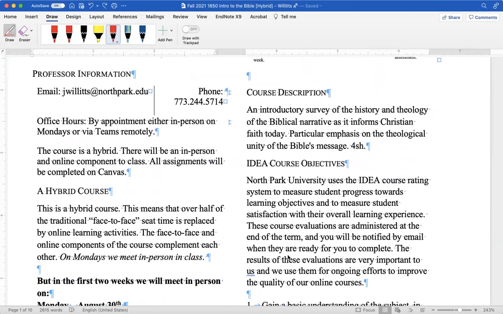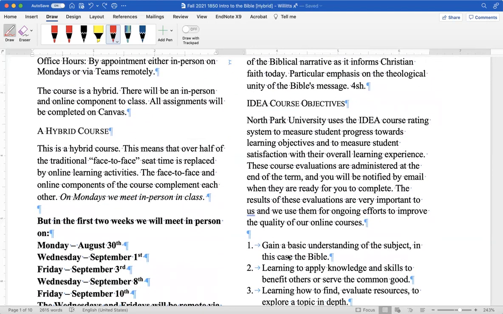What is a hybrid? Well, over half of our course, or maybe a little less than half, is traditional face-to-face, and that face-to-face seat time is replaced by online learning activities. The face-to-face and the online components complement each other.